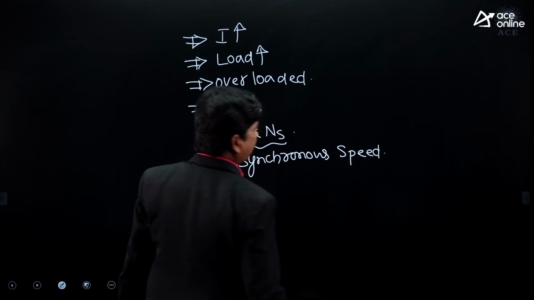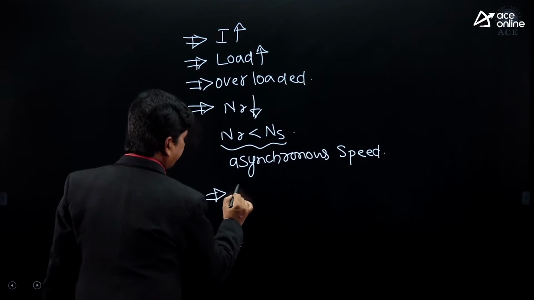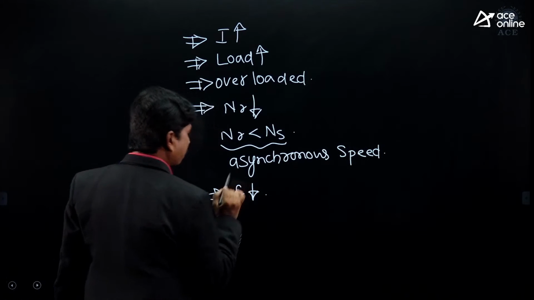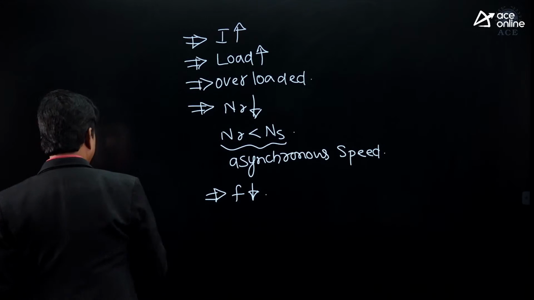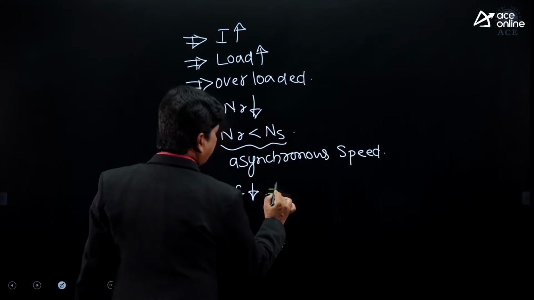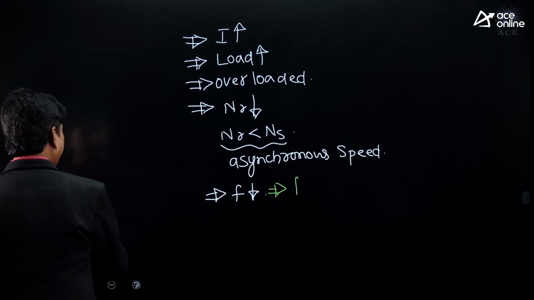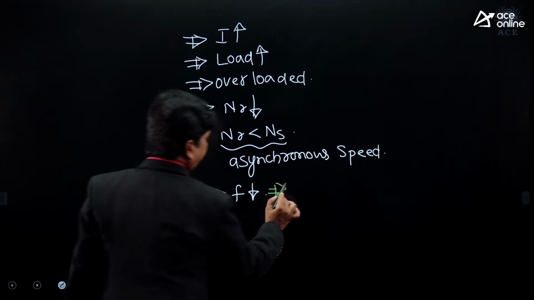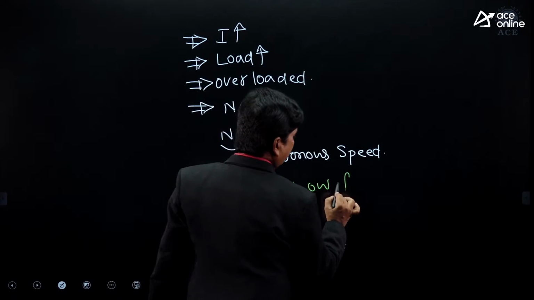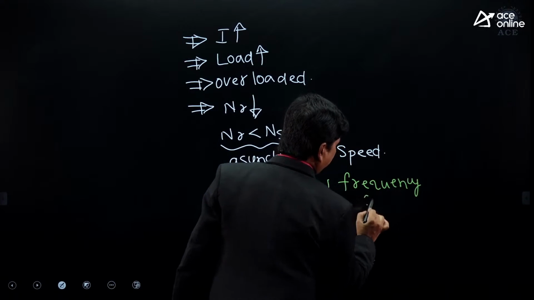And because of this asynchronous speed, the frequency of the system will be reduced. As frequency is reduced, we are having less stability operation, right? So frequency is reduced, or low frequency operation.